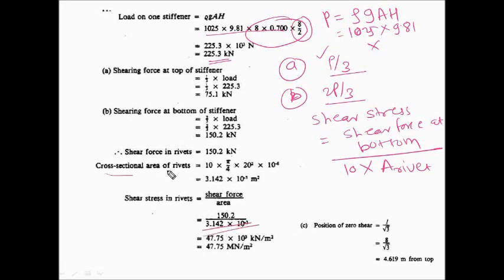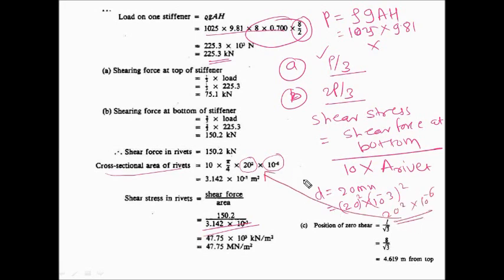The cross-sectional area of the rivets will be 10 into pi d squared by 4. Here d is 20 mm, and the 10 raised to minus 6 came here because we are converting to meters. So converting to meters, 20 into 10 raised to power minus 3. If you square it, it becomes 20 squared into 10 raised to power minus 6.